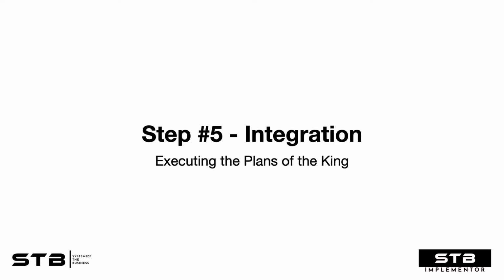And so step 5 is integration, executing the plans of the king. Again, step 1, we've pretty much answered who, what, where, why, what systems. Then you're going to document it. And then you're pretty much going to use what technology you want.